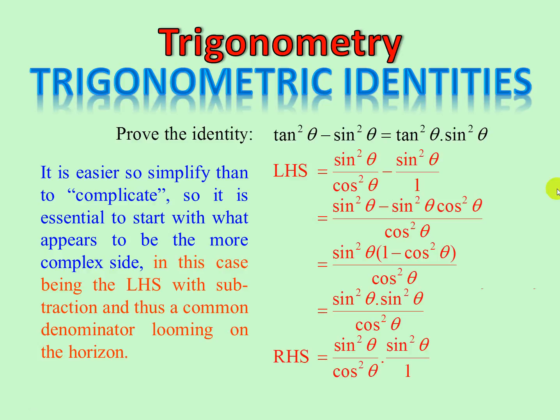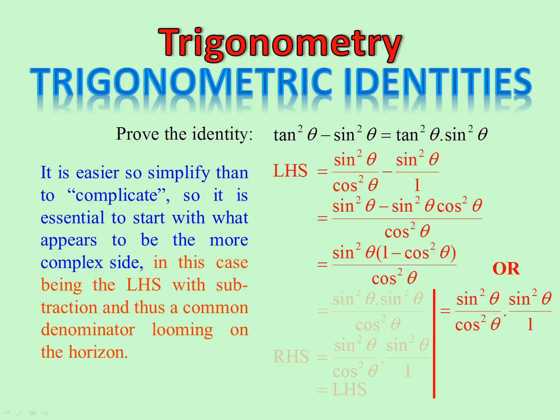I could now say, well, I've gone the full pack, so I'm going to go to the right-hand side and say, well, right-hand side is sine squared over cos squared times sine squared, which is now equal to the left-hand side. Or instead, I could have gone to sine squared over cos squared, taken those two together and left that separate. Now there's my sine squared over cos squared, which gives me tan squared sine squared, which is the right-hand side.